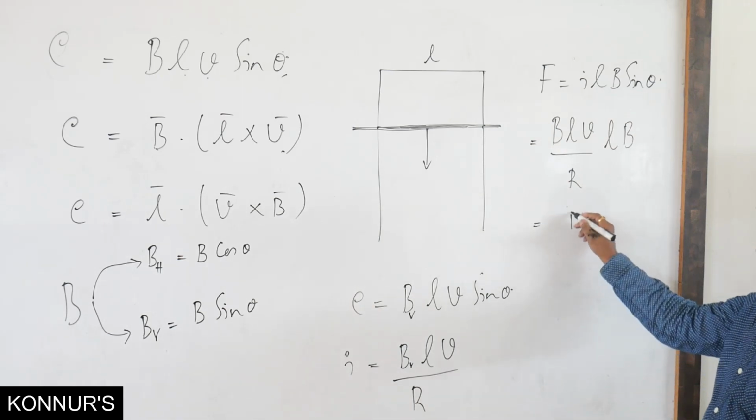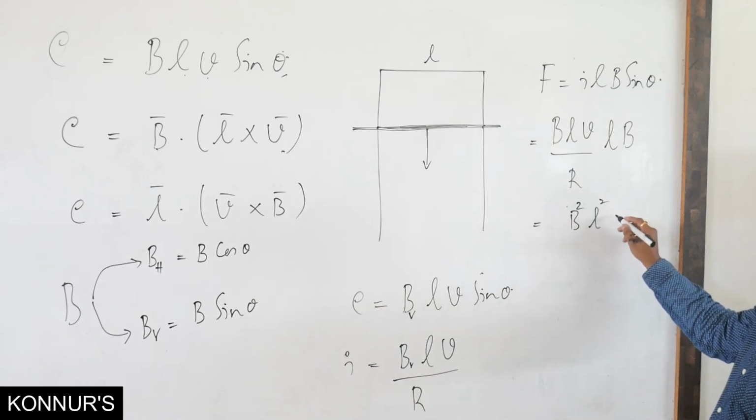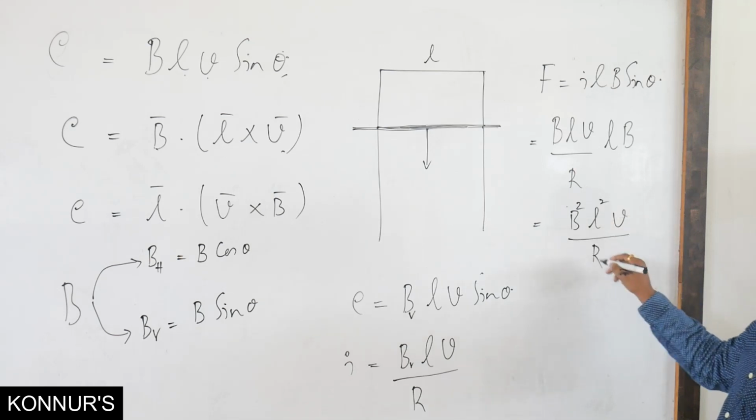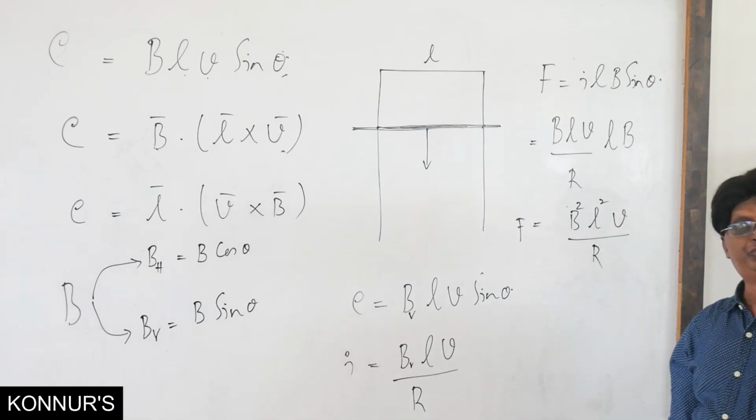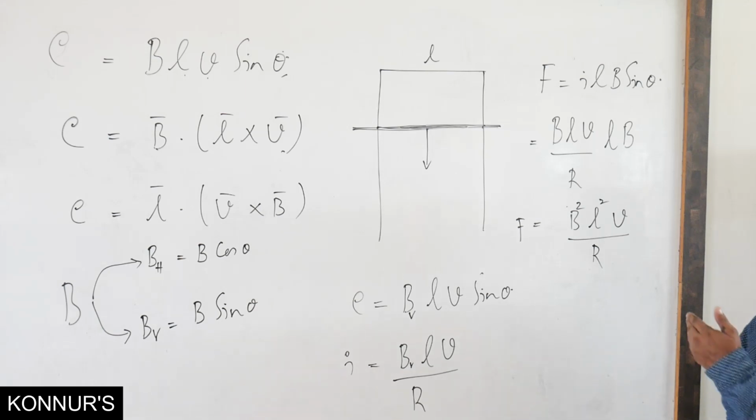So finally this is B squared L squared V by R. This is the force, which is the magnetic force due to current in the external magnetic induction.